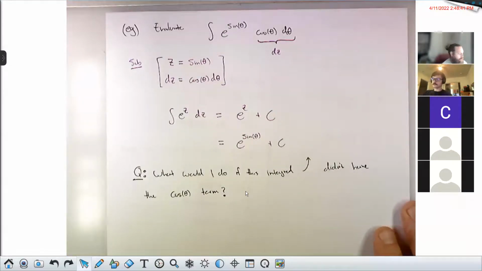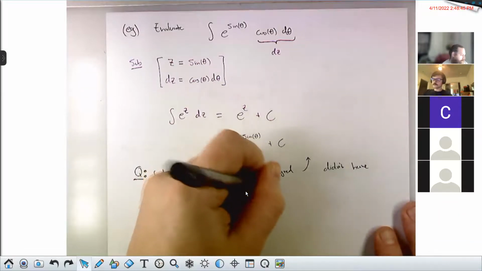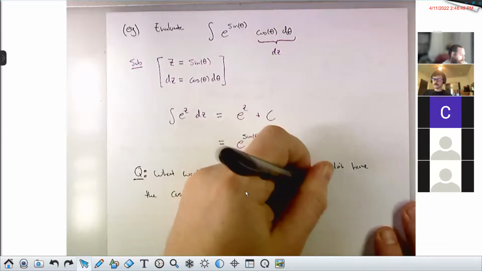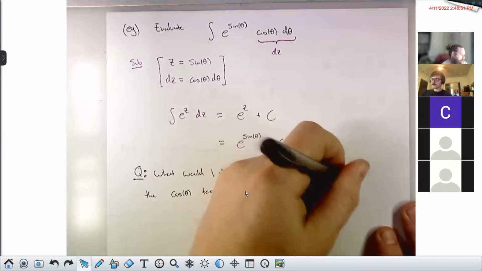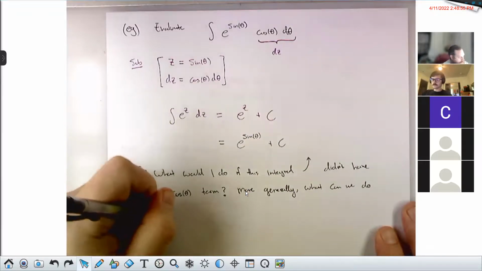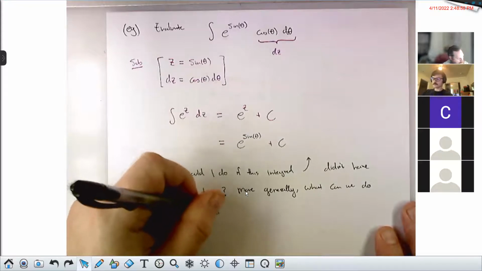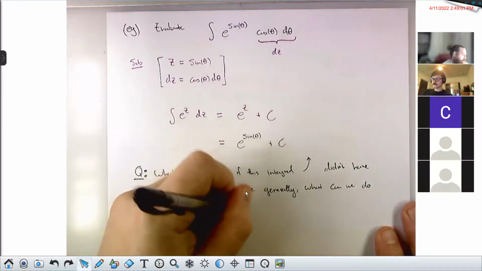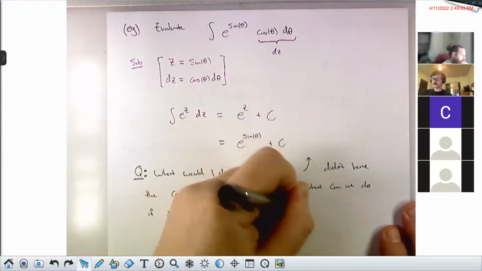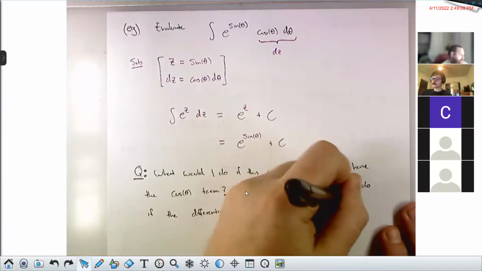Or more generally, what can we do if the differentials don't match, even after fudging a constant?